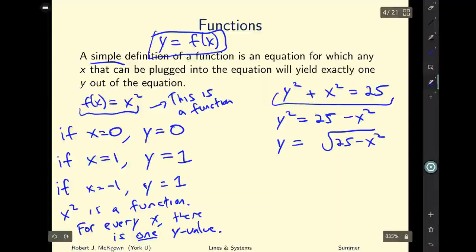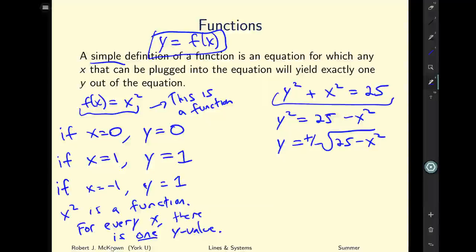So I've got 25 minus x squared. But notice that this is going to be plus or minus. Whenever I take the square root of something that's been squared, it could be positive or negative.